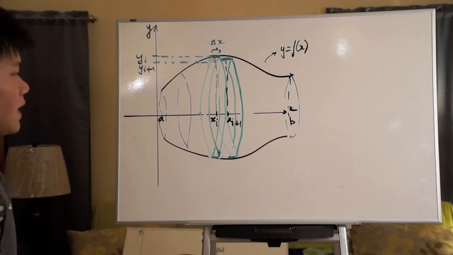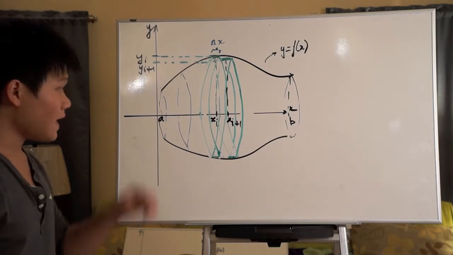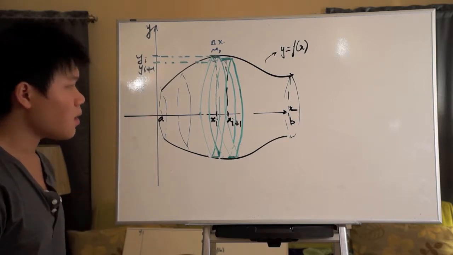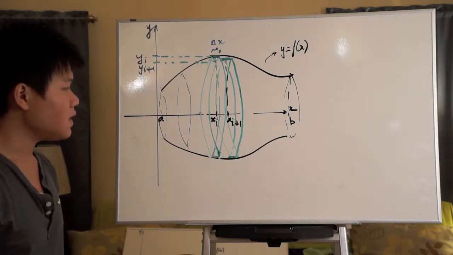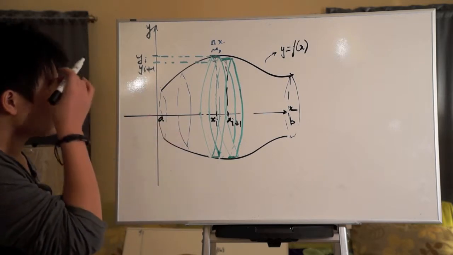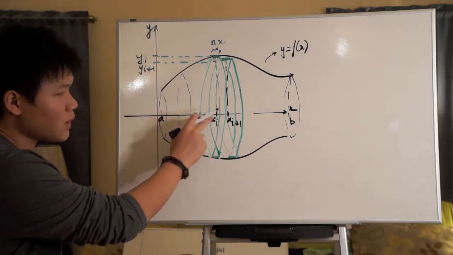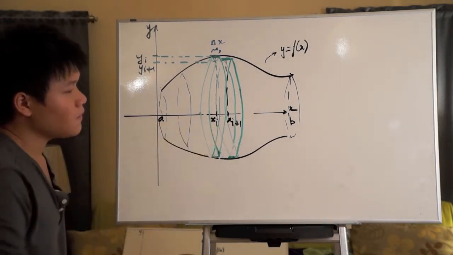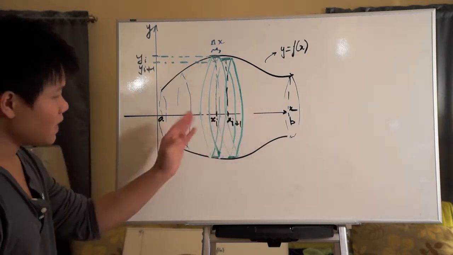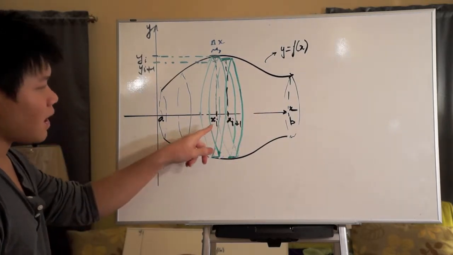Let's have a look at what happens at each very small increment as we go along this graph. Let's start at some arbitrary value of x between a and b, some value x sub i.